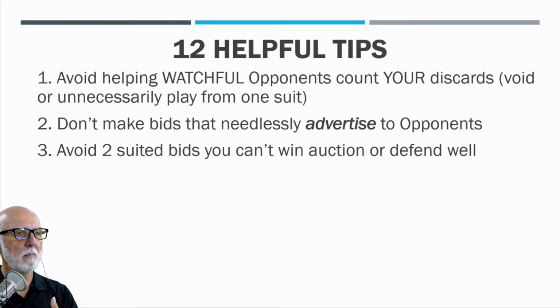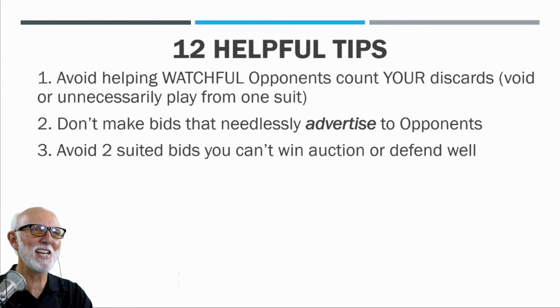Let's say it goes one heart, and I go two no trump to say the other two lower suits, clubs and diamonds, and they win the auction anyway, and they say, oh, there's 5-5 by Mr. Michaels because he made the unusual two no trump, so I know that all the other cards are held by Michaels' partner. Thank you very much. So watch out for that.